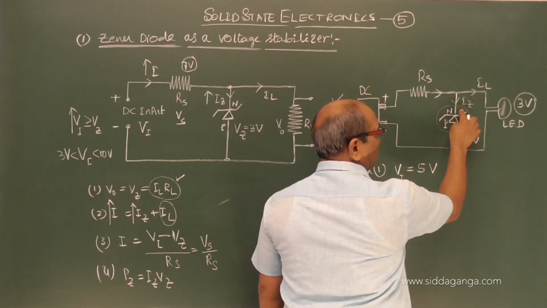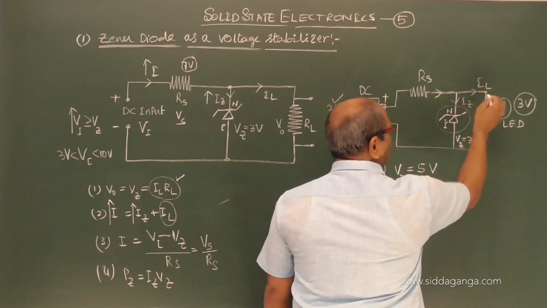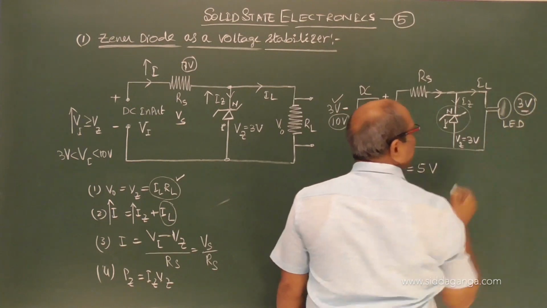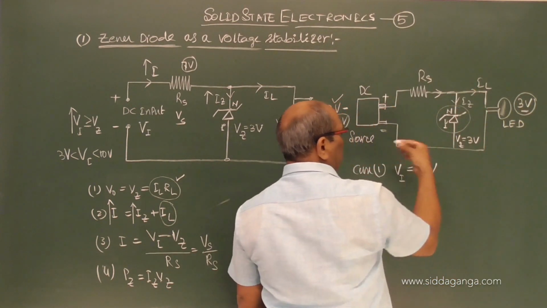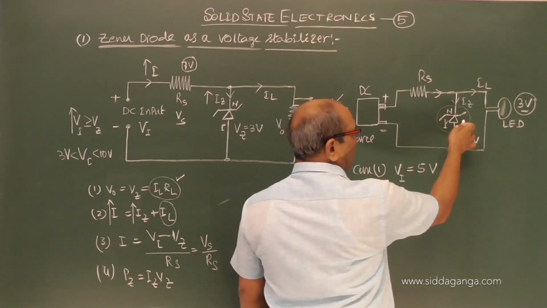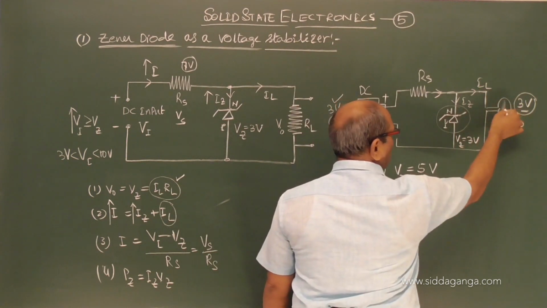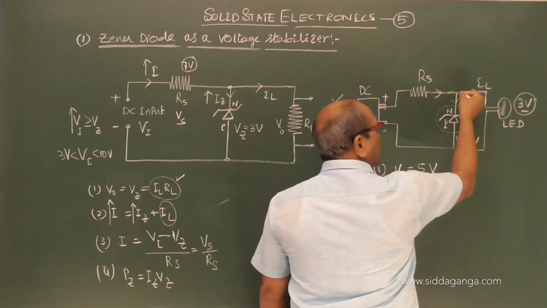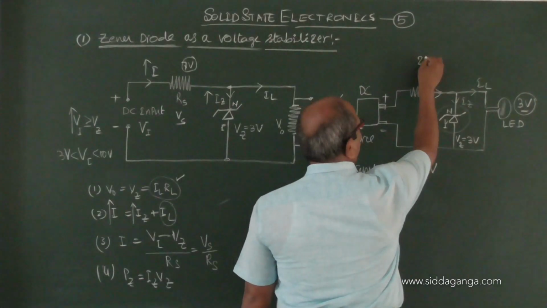The Zener will adjust so that only 3 volt drops here and IL is adjusted with 3 volt. But IZ may increase because the voltage is above the Zener voltage. Large current flows through this, the excess current which is not required for the LED to maintain 3 volt. Any excess current will flow through and maintain 3 volt, and here we will get 2 volt.